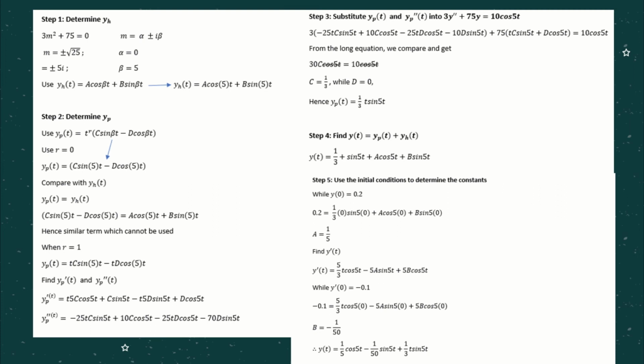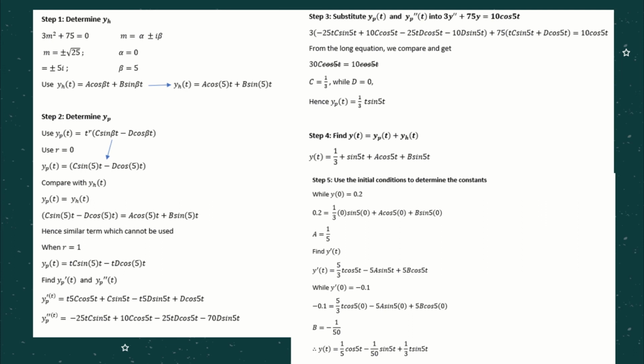Then we need to determine yp. Since f(t) is 10 cos 5t, which is trigonometric, we need to use yp equal to t to the power of r times (c sin beta t plus d cos beta t). We try to replace r with 0 and compare with yh.